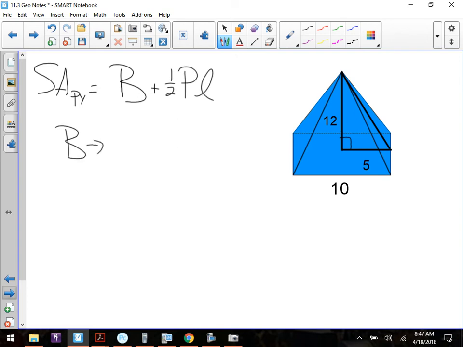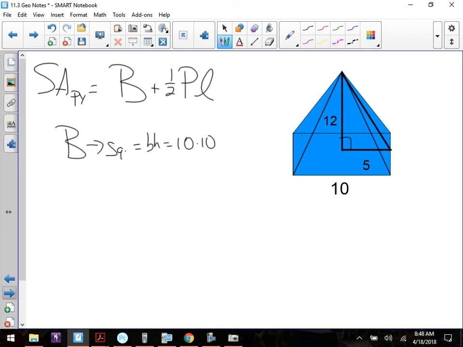Big B is a what? What is the base? What is the shape? Square. And how do you find the area for a square? Yeah, base times height. What I'm doing here is trying to make this as foolproof as possible, because everything is on your formula sheets.